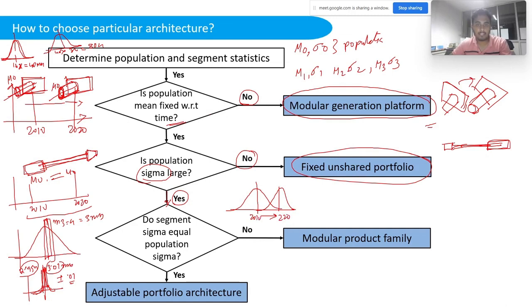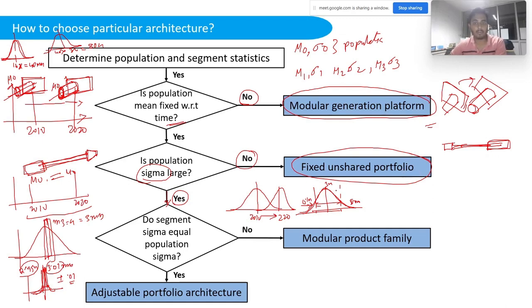Second, you check whether the new population mean has a lot of variance. For example, with screwdrivers, imagine something that is 3 mm, then 0.1 mm, then 5 mm, then 0.1 mm. That does not make sense for a product like a screwdriver. That's why we go for a fixed unshared portfolio.